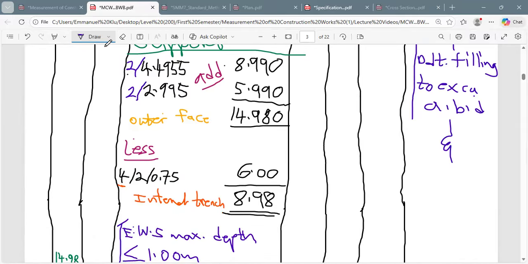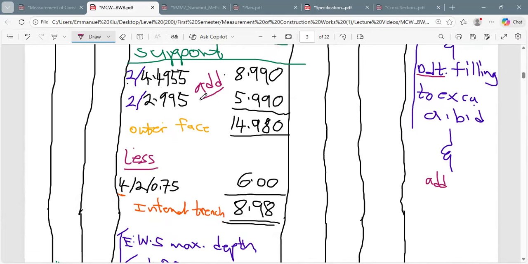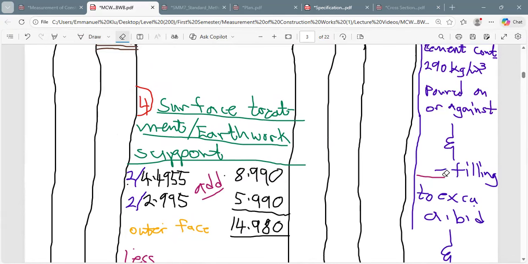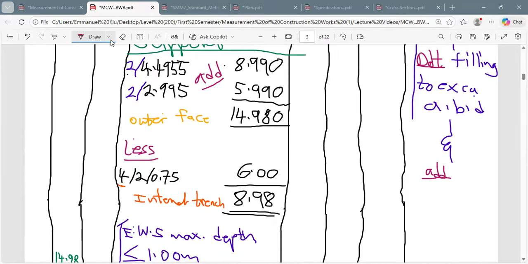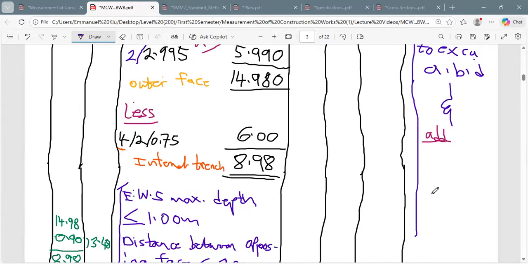That is, we have to add. So here we have disposal of excavated material offsite.